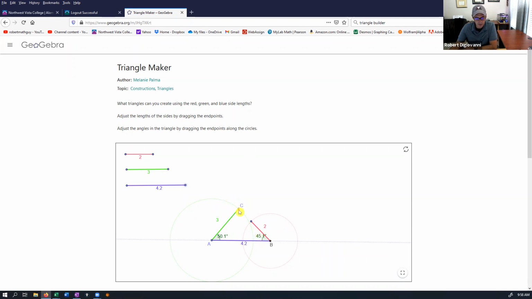I can't see it. What was the angle that went with the side 2? 25.47, so 25, somewhere around there. Do you see how this angle goes with that side? Because it's opposite. And then what was the angle that went with 3? 40.